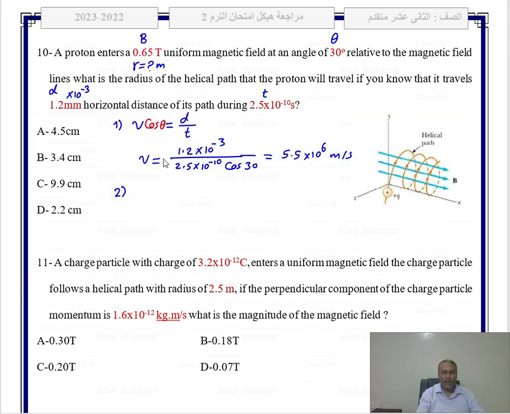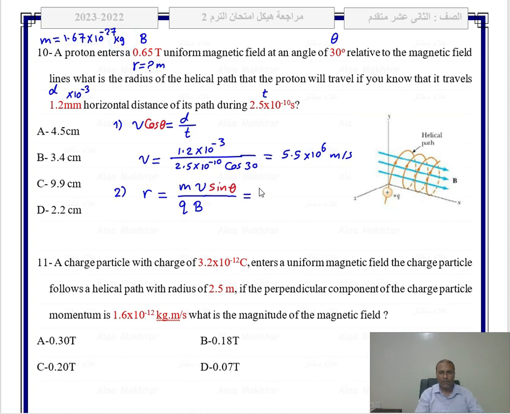He asked about the radius. Radius equals mv over qB. Which v? V perpendicular. It's v sine theta. We have the mass of the proton, 1.67 times 10 to the negative 27 kilograms.